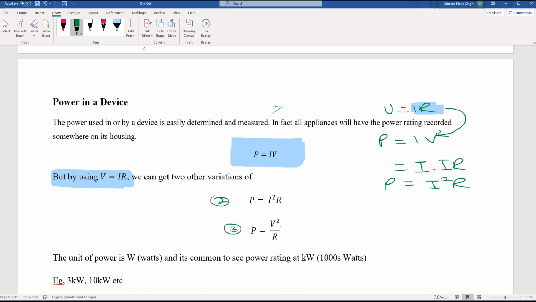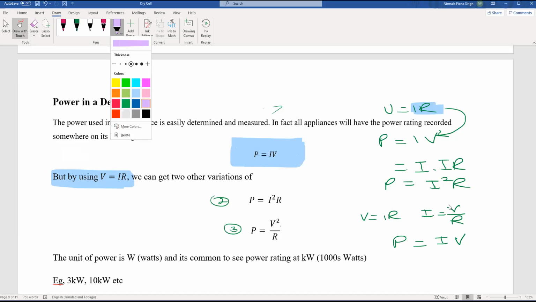And then the second one, if you want to get the second one, instead of V is equal to IR, I could use I is equal to V over R, and using my equation of power is equal to IV, I can plug in one term for the next.